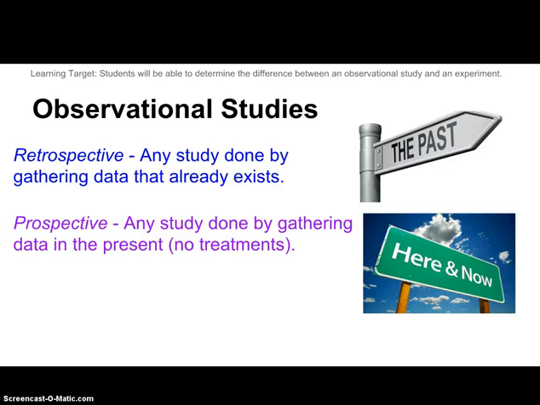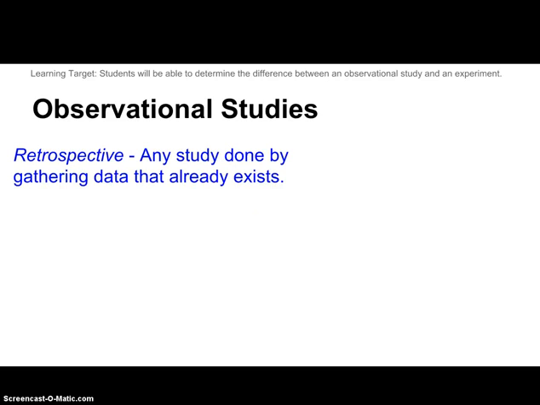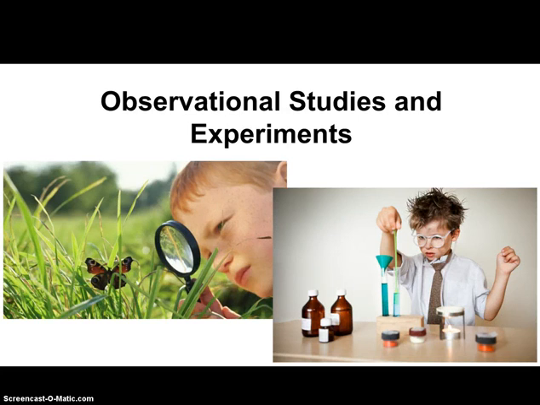A good example of this is the little kid looking at the butterfly. He's not putting the butterfly in a certain environment. He's not making the butterfly eat nectar or whatever. He's just watching the butterfly, seeing what it's doing, and maybe taking some data about how the wings move or what's going on.